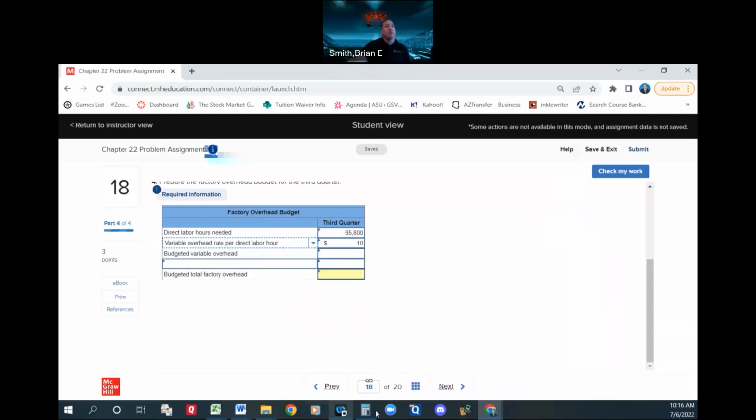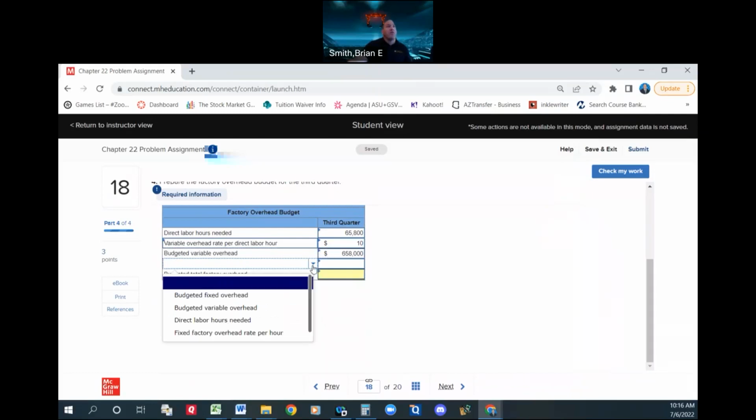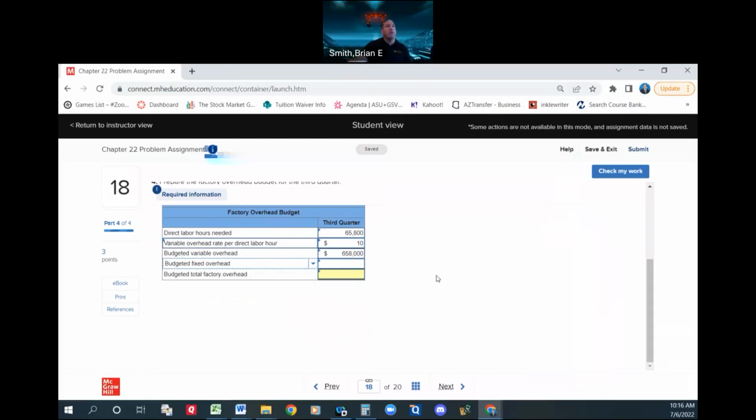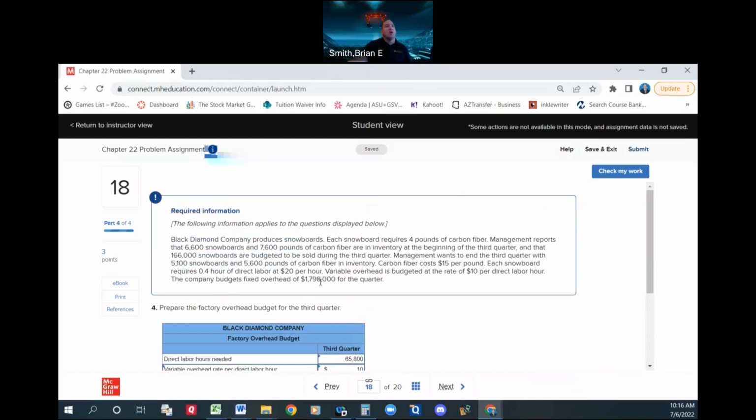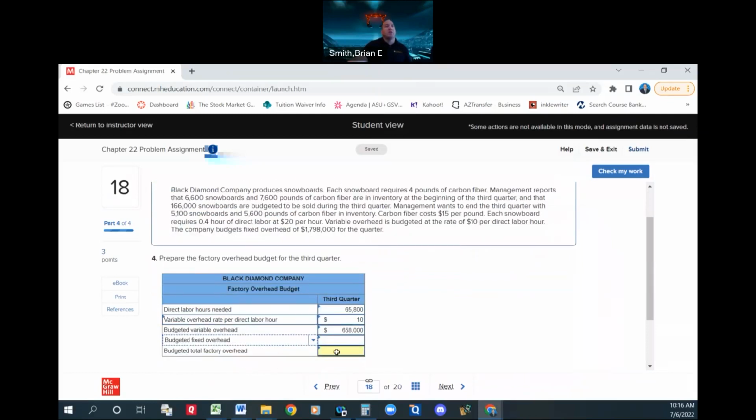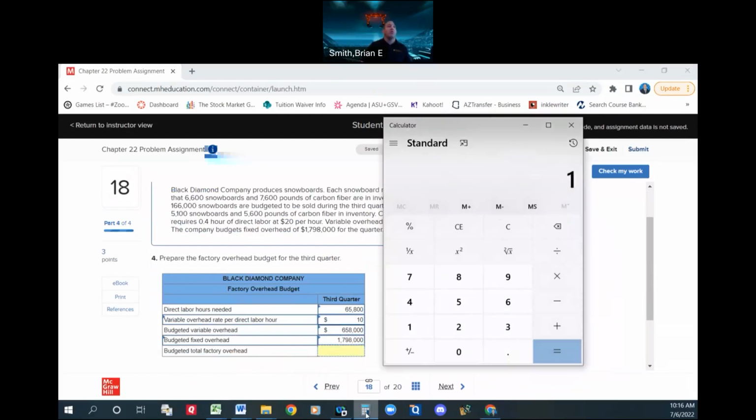Our budgeted overhead variable, I can do that in my head. That's 658,000. And then we're going to have our fixed overhead, 1.798 million. Total budgeted factory overhead is going to be 2,456,000.